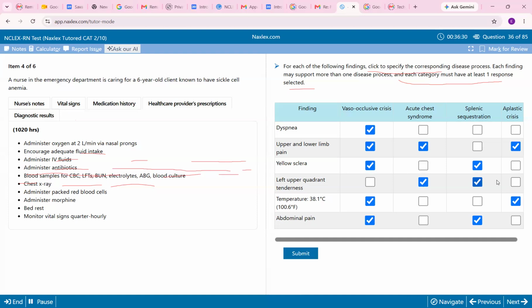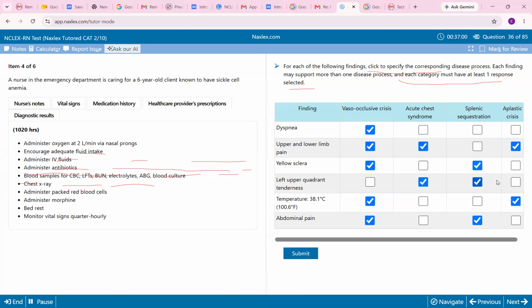Okay. Acute chest syndrome means the sickled RBCs are blocking the vessels in the lungs. That condition is acute chest syndrome. Mainly in case of infection like pneumonia, fat embolism, or pulmonary vaso-occlusion. We know that when any thrombi or clot forms anywhere, it can travel and block the pulmonary vessel.